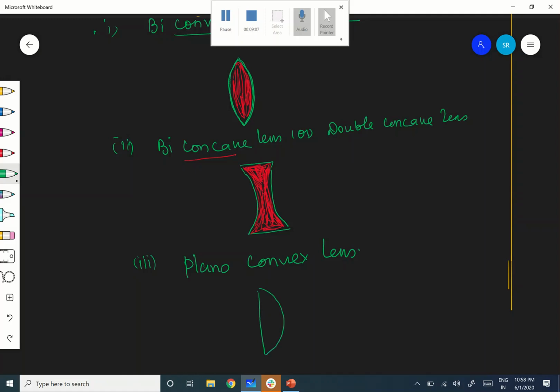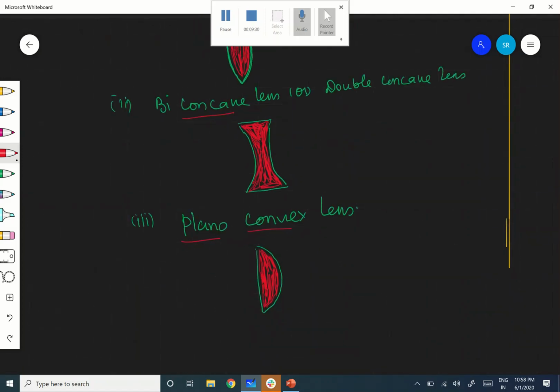Therefore, it is called a plano convex lens. The transparent medium is bounded by one plane surface and the other one is a convex surface. Therefore, it is a plano convex lens.